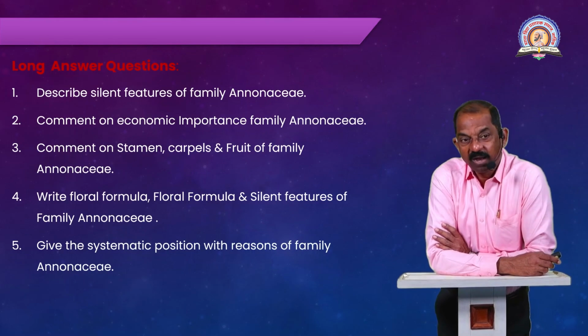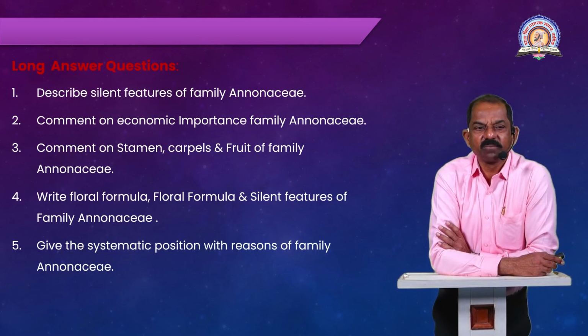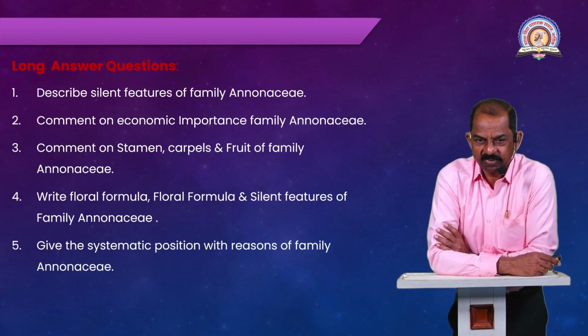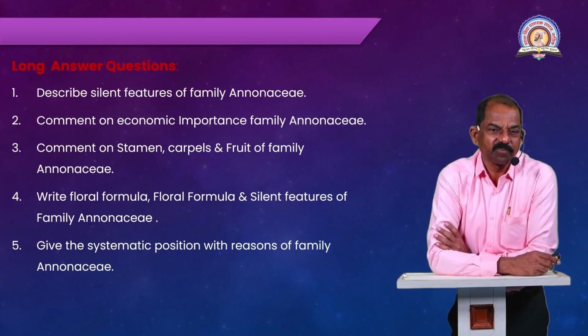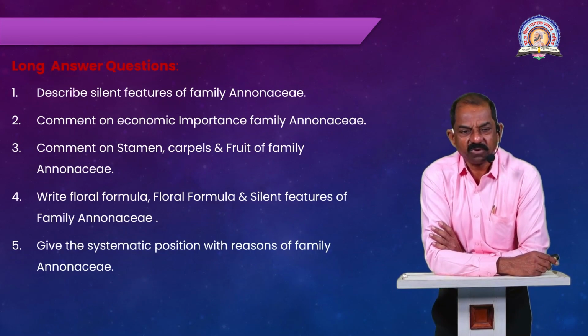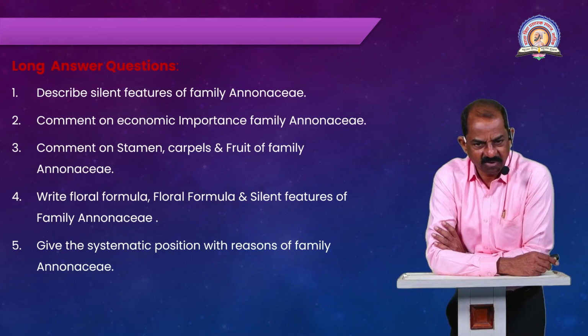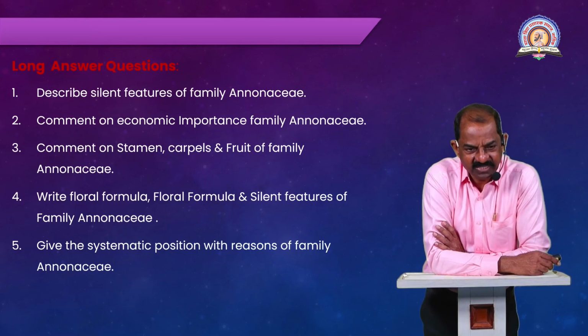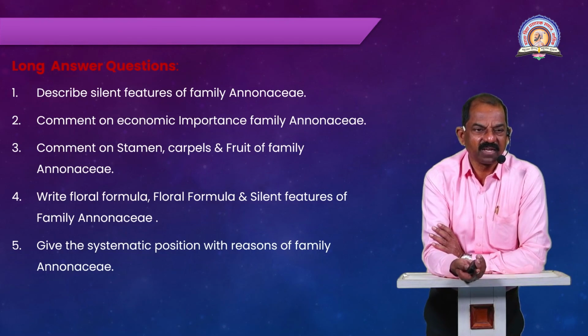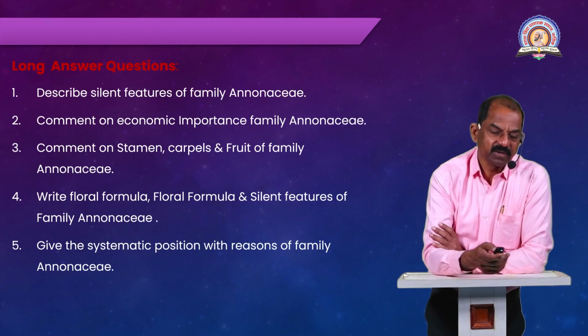At the same time, long questions are also asked, like describe the salient features of the family, the economic importance, the stamen, carpel and fruit, or the floral formula, floral diagram and salient features. Such questions are asked as long answer questions.